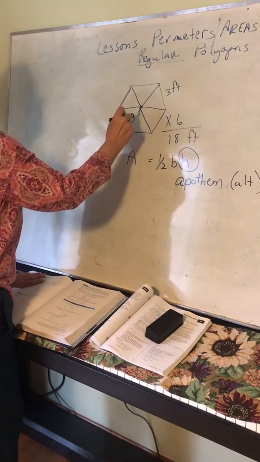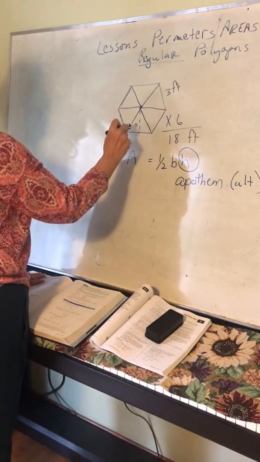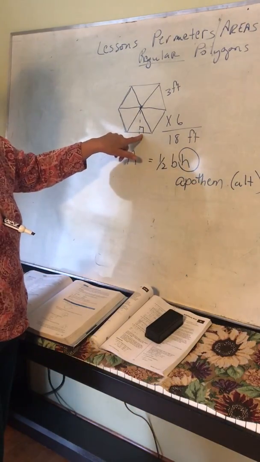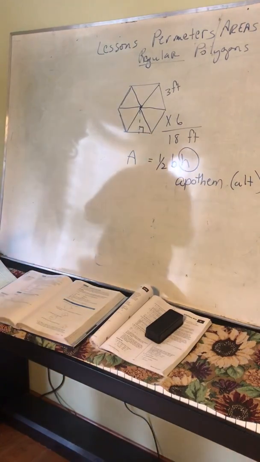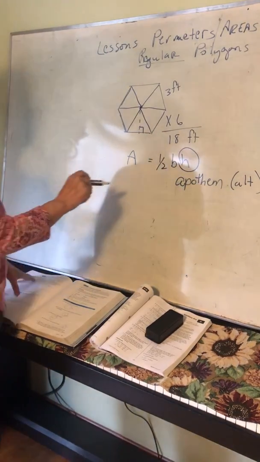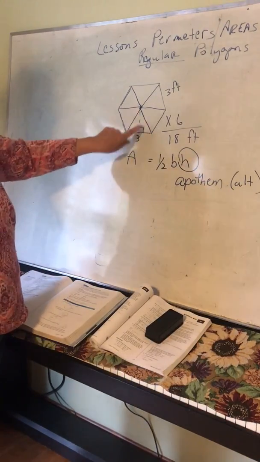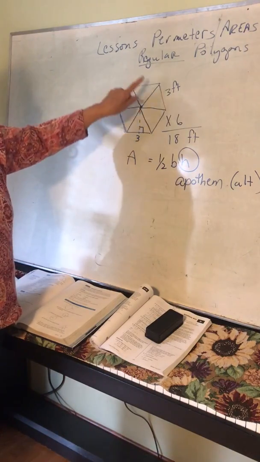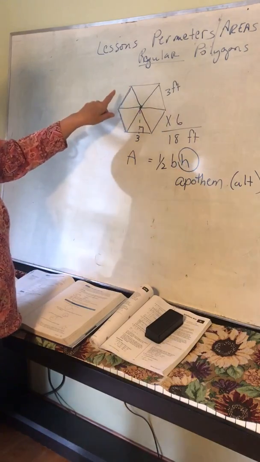The apothem is this line, which we have to have when we figure the area of a triangle, and it makes a right angle here, or it's perpendicular. If each one of these sides is 3, we can find the area of this triangle through this formula and multiply by 6 to get the area of the whole hexagon.